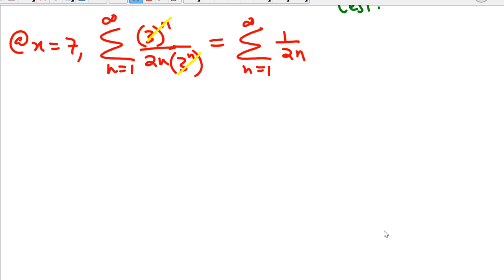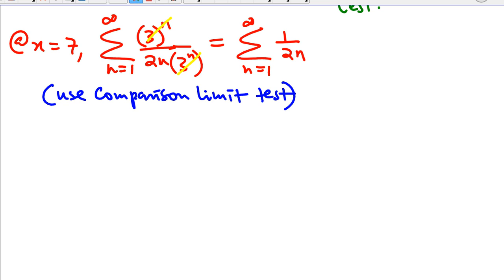So using the limit comparison test, I'll compare this with the harmonic series. The limit as n approaches infinity of 1 over 2n over 1 over n.